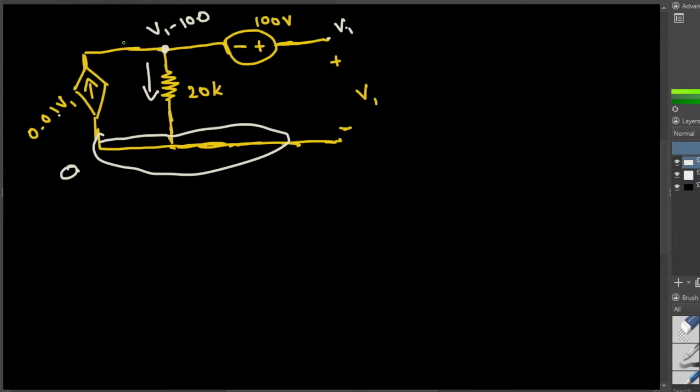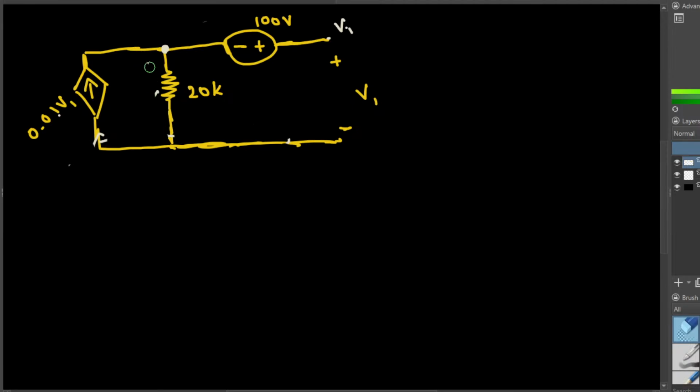Now I'm going to get rid of this bottom part. We don't need all this information. Now we are looking at the circuit, and I'm going to do the short circuit for this one.